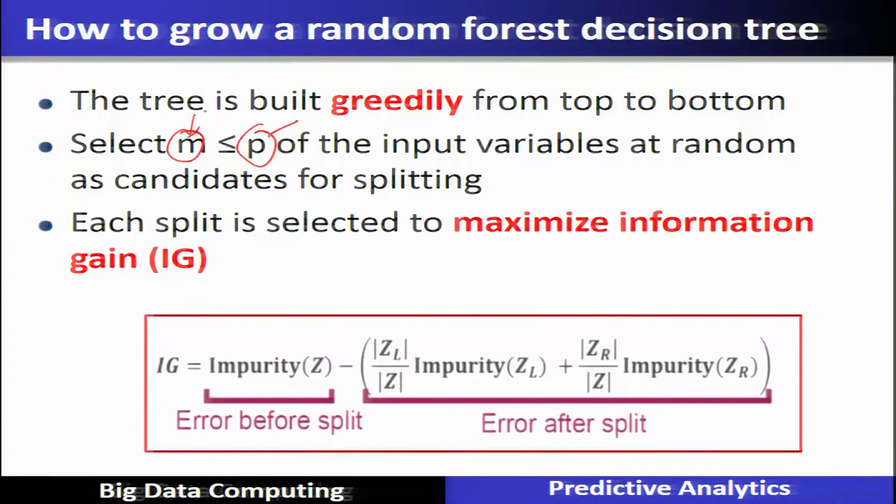So select m out of p input variables at random as the candidates for splitting. In a decision tree all variables are used as candidates for splitting, but here this is called decorrelated decision trees.